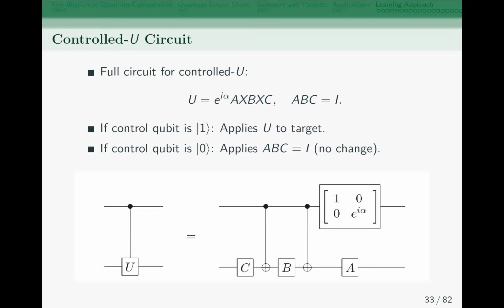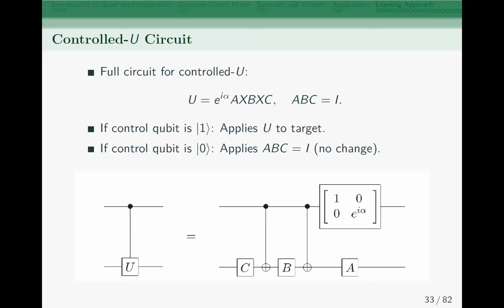How can I prove it? We prove it on the basis, right? You need to read from left to right. So if the control qubit is 0, then the left-hand side will be identity, right? Because there's no U here.